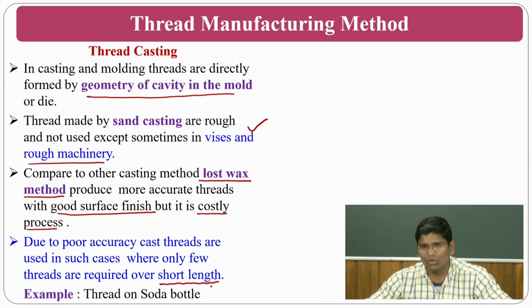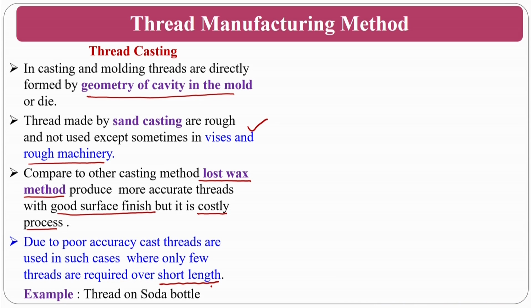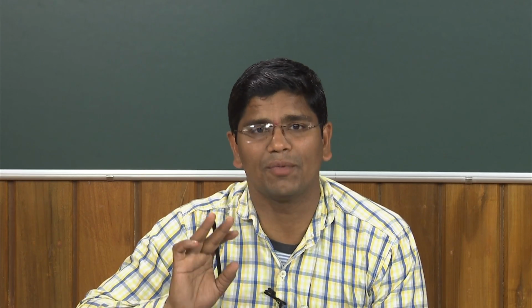So, if somebody is producing small lengths, that is where the thread casting process is normally used. If you want precise threads, you have to go for thread cutting operations only.